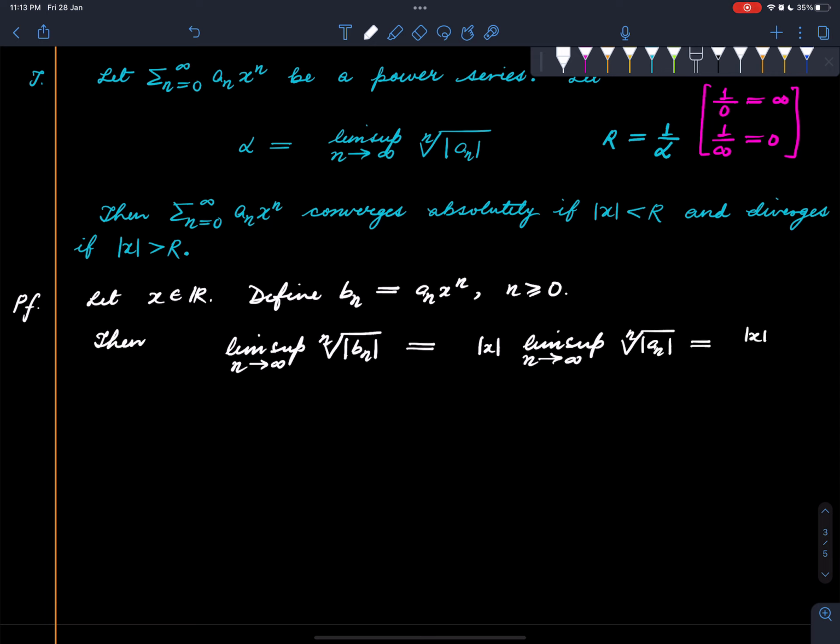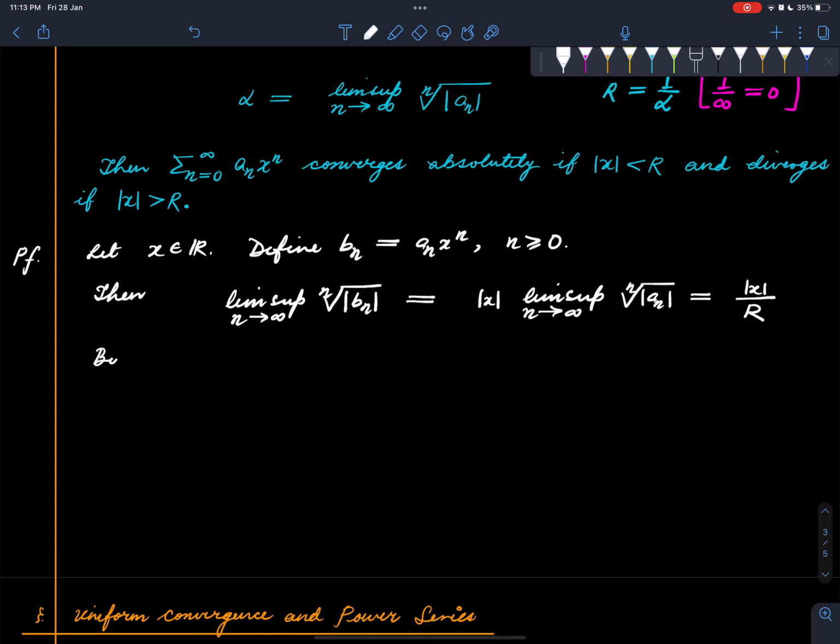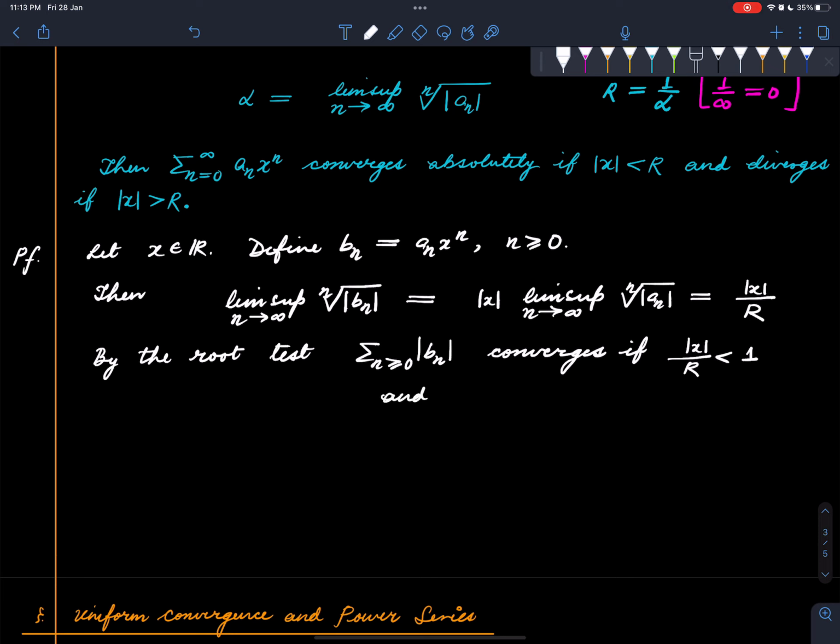Which is by definition of R equals to that. So by the root test, this series converges if this is less than 1 and diverges if this is greater than 1.